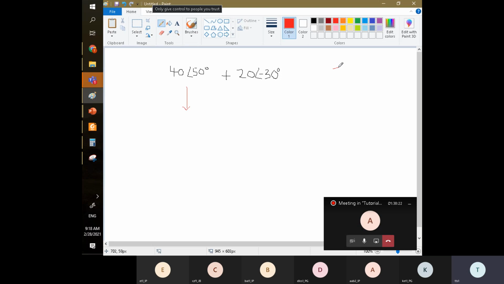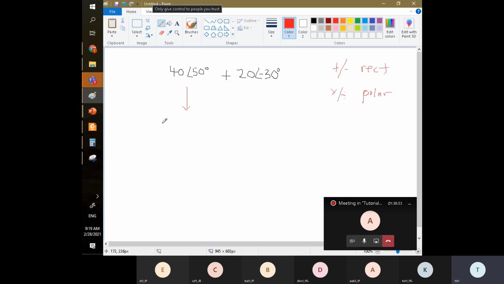Remember, for plus or minus, you use the rectangular form, and for multiplication and division, you use the polar form.